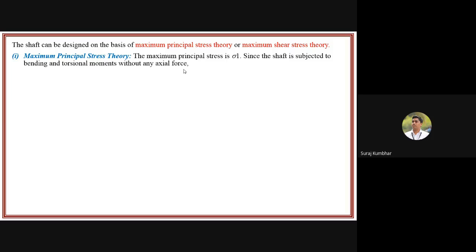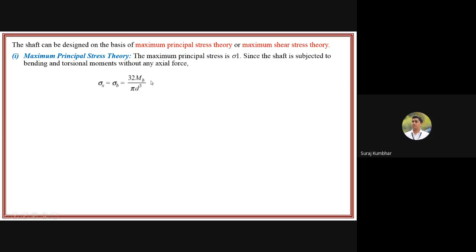In that case, how do we find the dimensions of that shaft, or the stresses induced in it, when it is subjected to a combination of bending and torsional moment? We already have the formulas. Sigma x is the normal stress, which is equal to the bending stress: sigma b is equal to 32 Mb upon pi d cube.